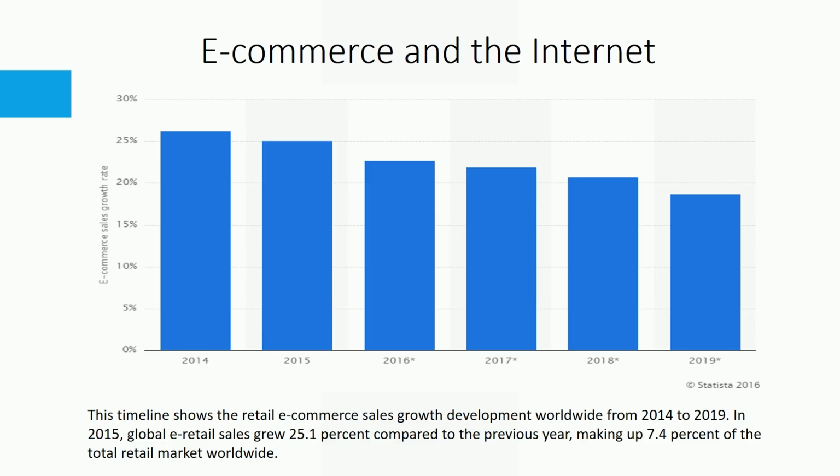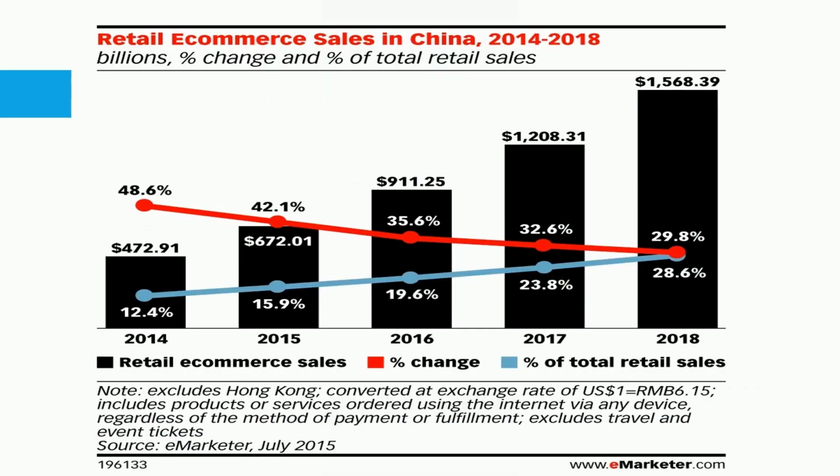In 2015, the global e-retail sales grew 25% compared to the previous year, making up 7.4% of the total retail market worldwide. Here in this image, it's the retail e-commerce sales in China from 2014 to 2018.